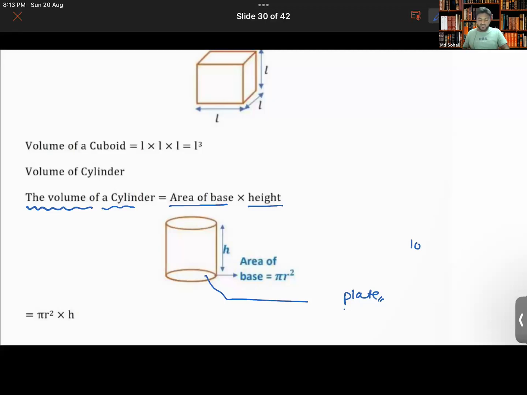So I will first find the area of one plate, right? Since the plate is of circular shape, the area of one plate will be pi r square. And if there are 10 such plates in my room, piled over one another, it will be multiplied with 10, right? Or we can also call it height. This 10 is what? If I were to compile it one over another, like this, guys.